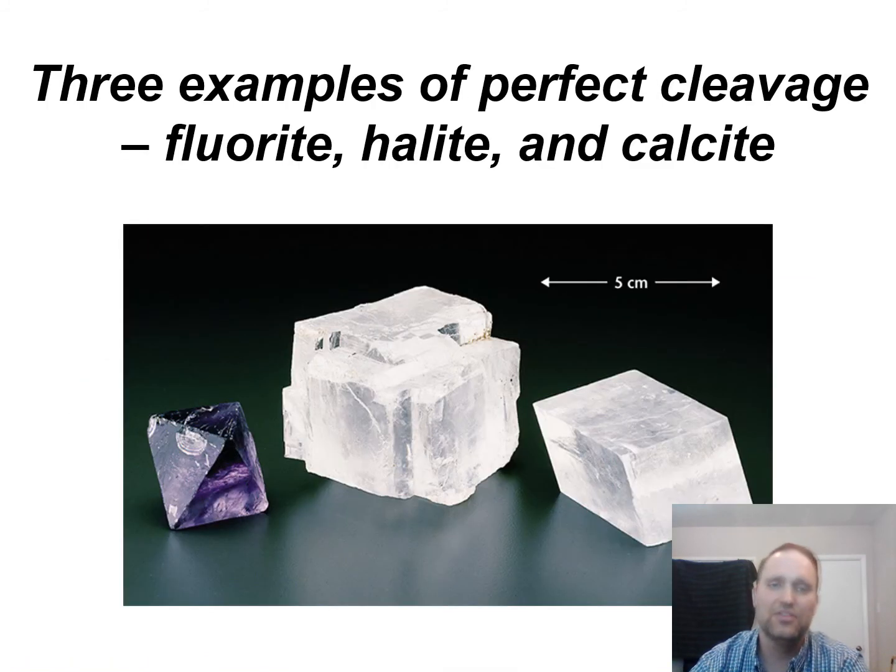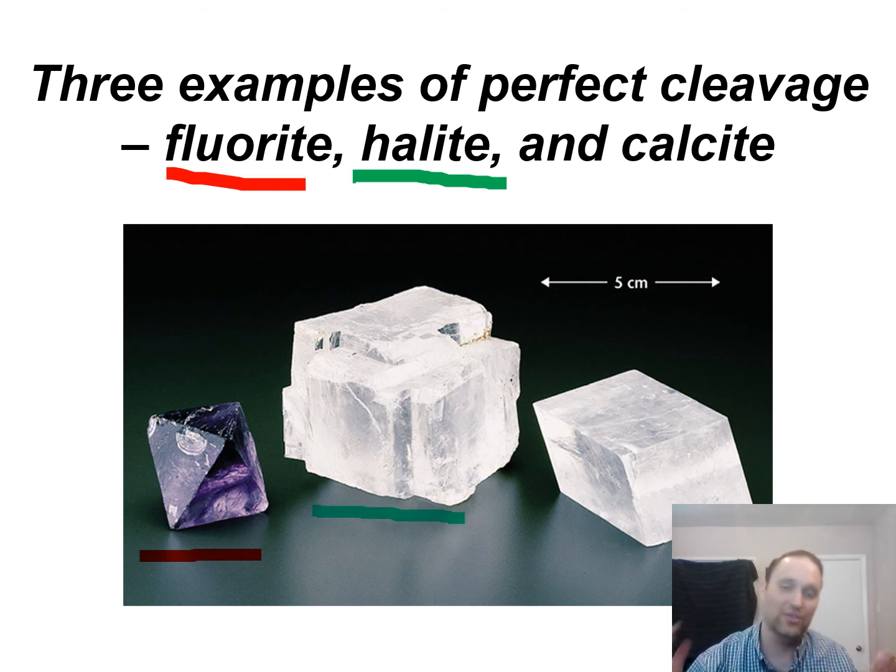And so here we see 3 great examples of different cleavage shapes. So on the left, we have that fluorite there. Then we have in the middle halite. Again, halite breaks into a cube, even though it started off as a cube, so nothing changes too much, it's just a smaller cube.